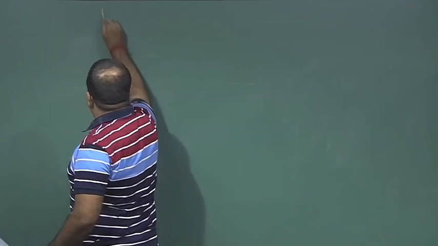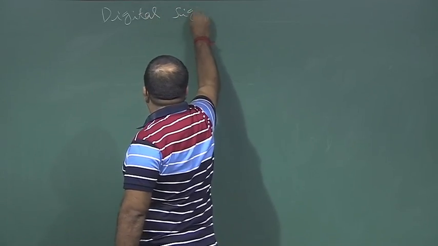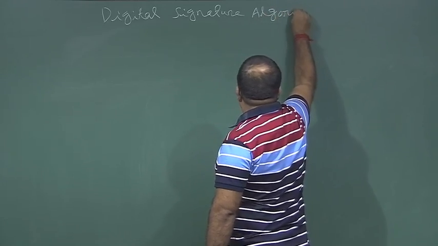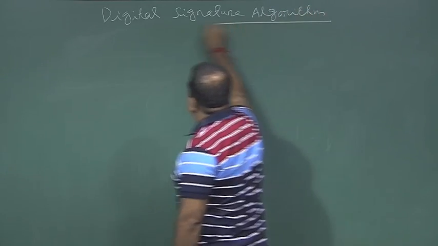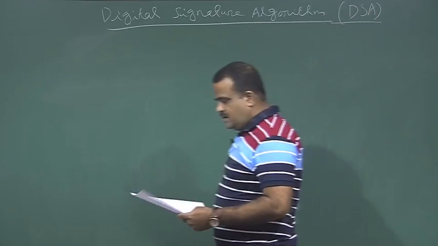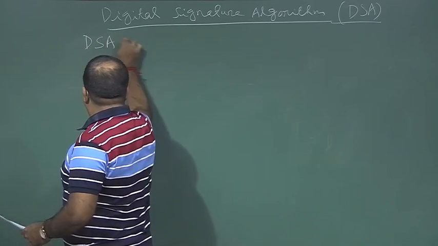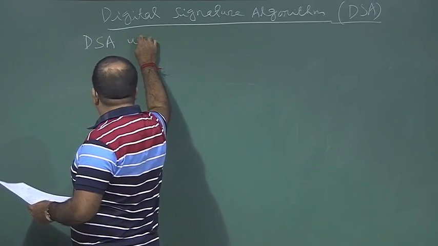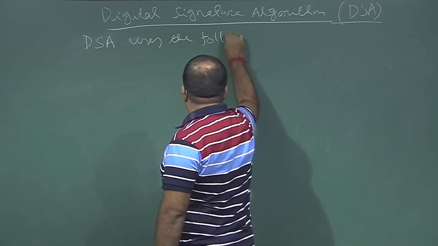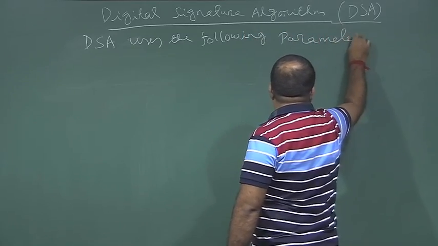This is the digital signature algorithm, also DSA. DSA uses the following parameters. This is the key generation step. These parameters are standard parameters.